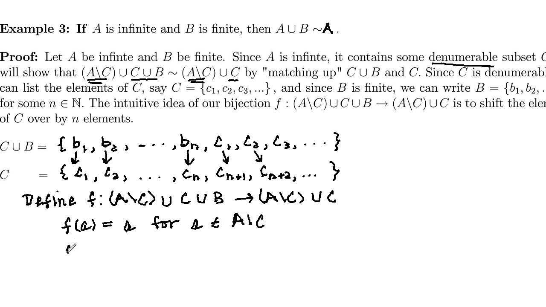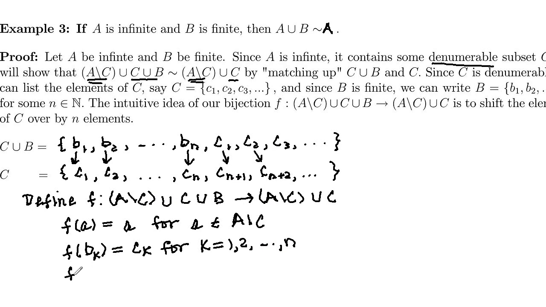And then the B's are going to get matched up with the first n C's. So f of B sub k is going to equal C sub k. And that is going to be for k equals 1 to n. And then that matches up our B's with the first part of the C's. And then the last portion is these guys here.